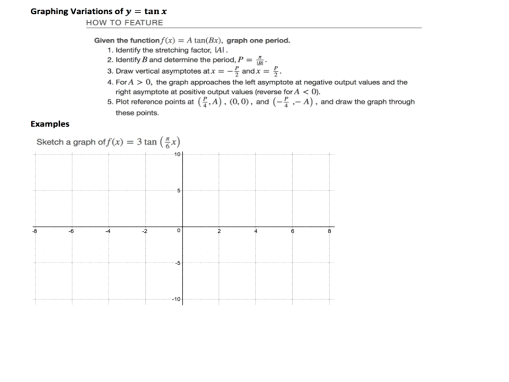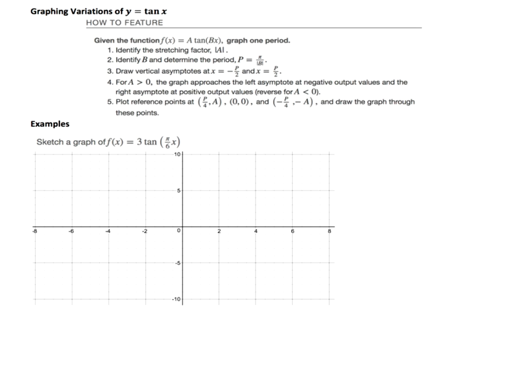So the horizontal direction gives me the period, and the vertical direction is my a. That's a stretch or compress in the vertical direction. So if that's all that we have going on in the tangent function, this is how we graph one period of that particular function.